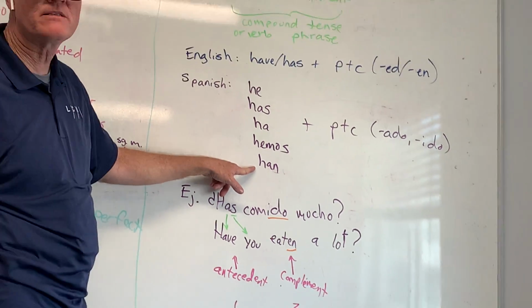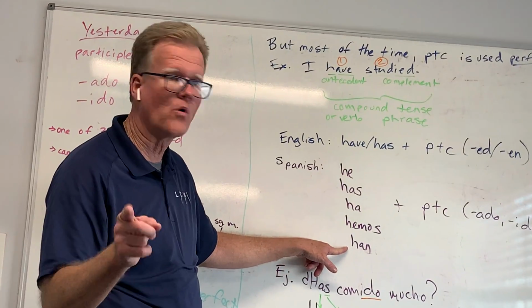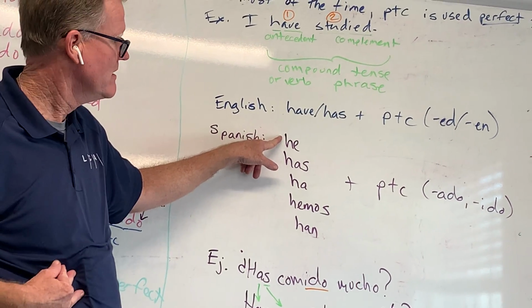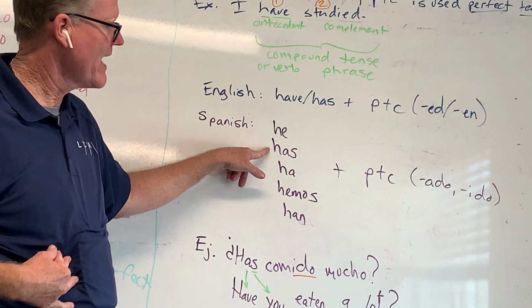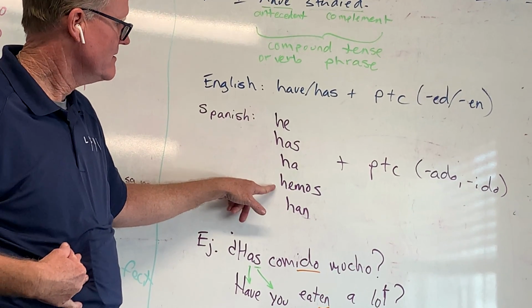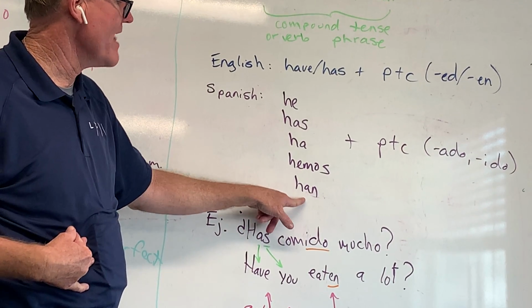By the way, if anybody pronounces the H, I'm going to gong you from Pakistan. So don't do that. So this is yo he, I have. Tú has, you have. Él ha, he has. Nosotros hemos, we have. Ellos han, they have.